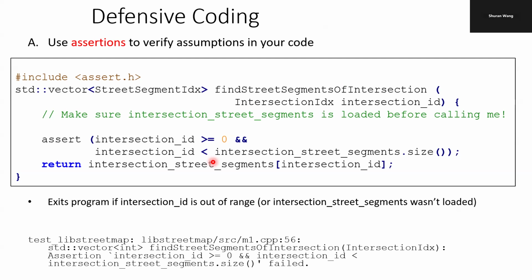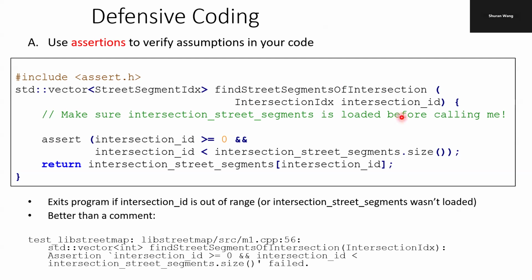After adding this assert, this program will terminate as long as this function is called without initializing or called with some intersection ID out of range. So instead of giving out random wrong answers, this will terminate right at the point where it detects the issue.